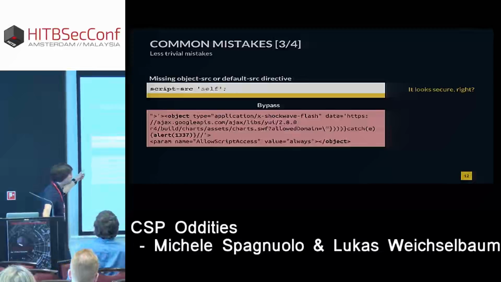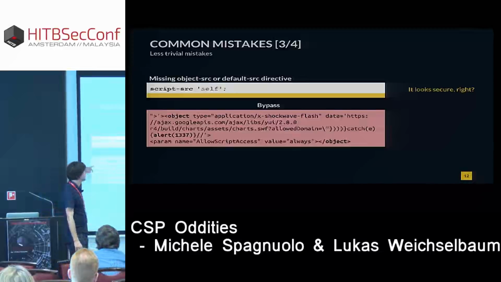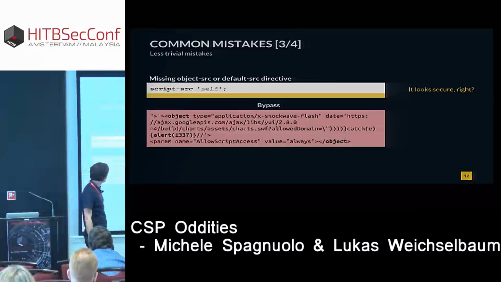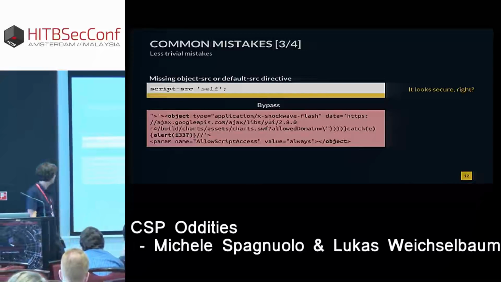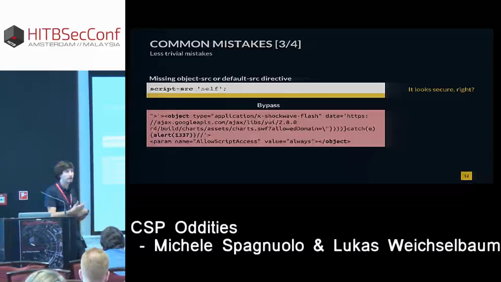So if you have a policy like that, an attacker could just include an object that does JavaScript. Then you give the object access to the site's JavaScript, and you can, again, do whatever you want in that origin.